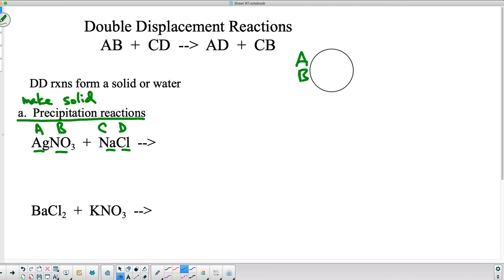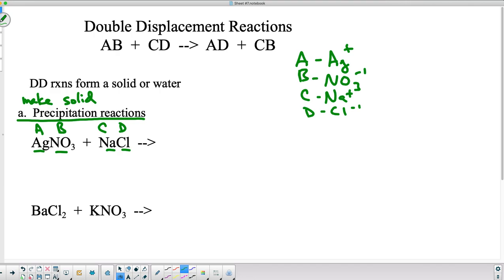So the A, in this case, is Ag, silver, with a +1 charge. The B is NO3, the polyatomic ion, and that has a -1 charge. The C is Na with a +1 charge, and the D is Cl with a -1. Okay, so these are my ions that I'm going to switch around.